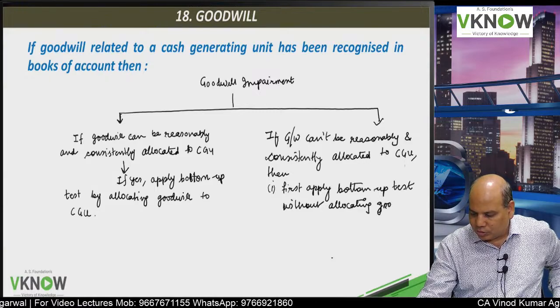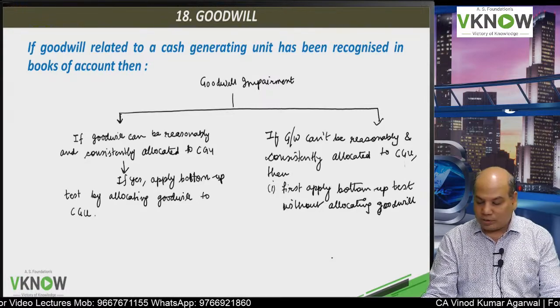That means without allocating goodwill, test the CGU for impairment without allocating goodwill.